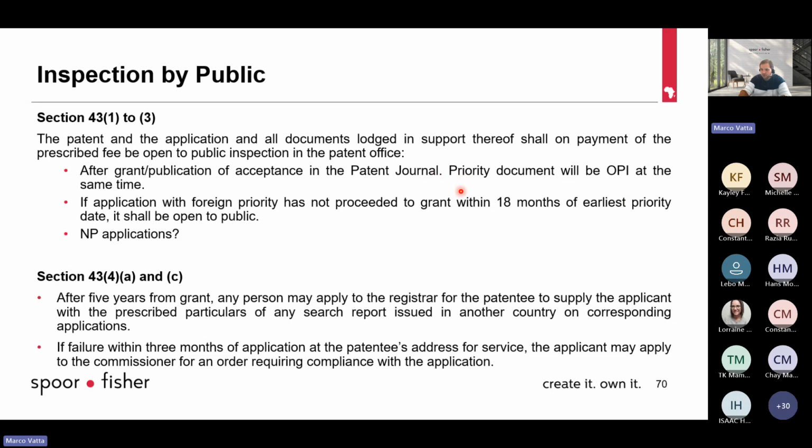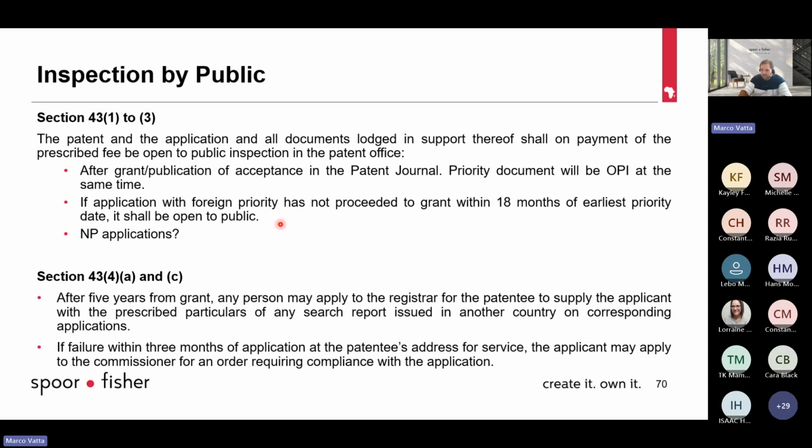So the first is where it's a ZA priority and ZA complete. This is where it's a foreign priority and a ZA complete. For a national phase application, because it is an international application that is filed in South Africa, that national phase application would have already been published during the international phase and is therefore already open to public inspection upon publication of the international application.